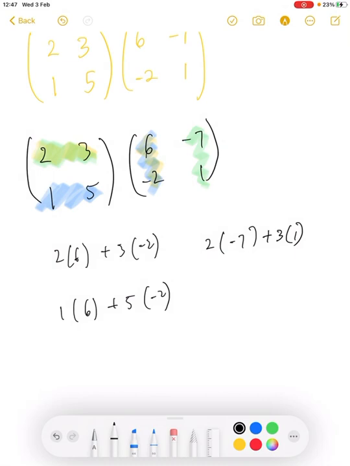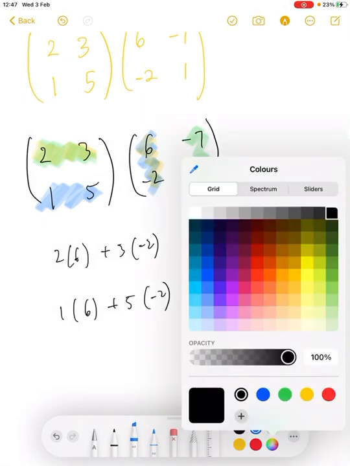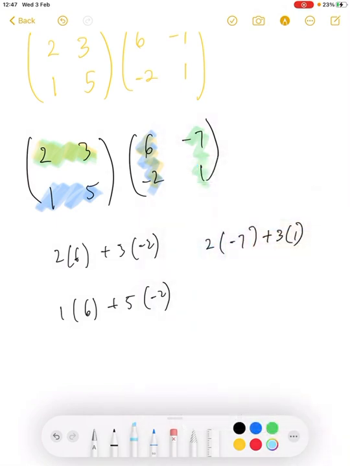And the second row, second column of our answer, let's choose another color here, is 1 times negative 7 plus 5 times 1.